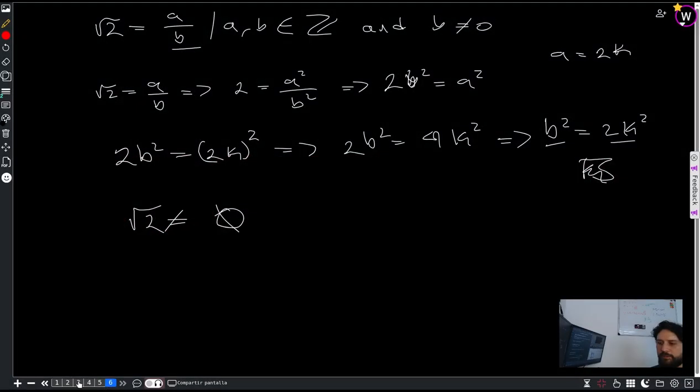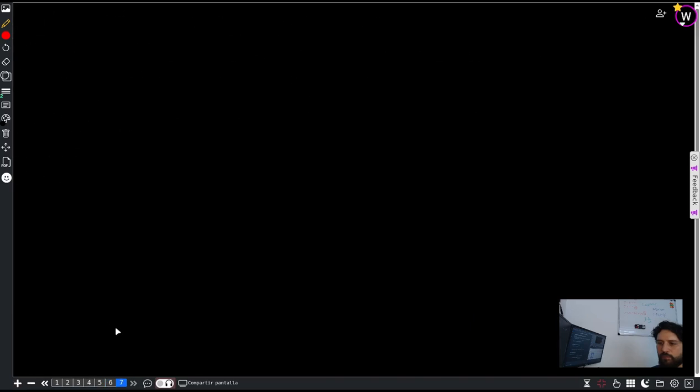So to finish off, I would like to do a simple exercise so we can consolidate all of this knowledge. So let's say let a be a rational number m over n different to 0.